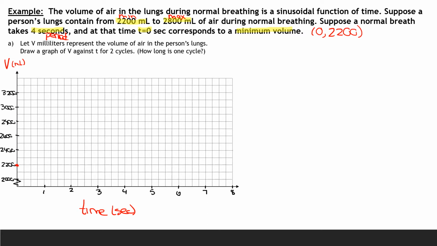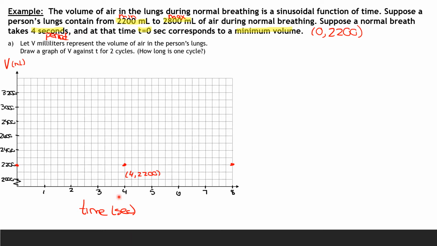So I'm going to put another dot at 4 seconds and 2,200 because that is one cycle. I have to graph 2 cycles, so I'm going to put another dot at 8 and 2,200. Let me just label this one for you. This one is 4, 2,200 because one cycle is 4 seconds, so I know I'm back there again.